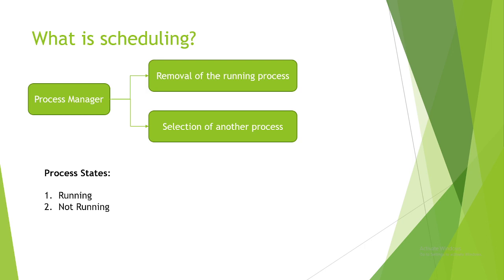What is running? When a new process is created, it enters the system in the running state. Then what do we mean by not running? Processes that are not running are kept in a queue, waiting for their turn to execute. Each entry in the queue is a pointer to a particular process.